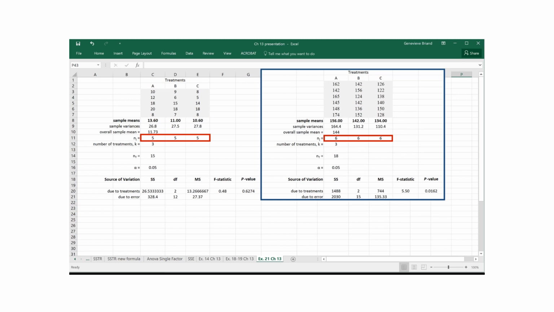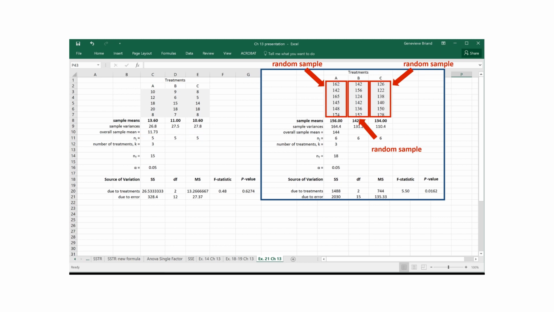So compared to exercise 1, we have 5 as opposed to 6 numbers listed per column, so number of observations per treatment. So in exercise 1, we had a random sample for each treatment. For example, each treatment might correspond to an industrial assembly method.